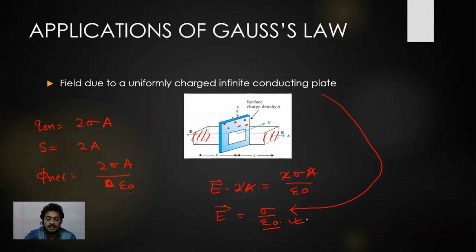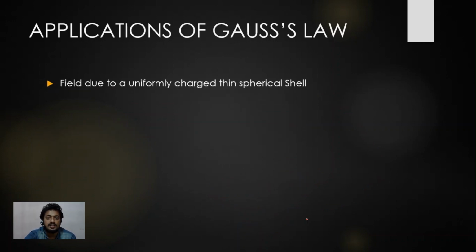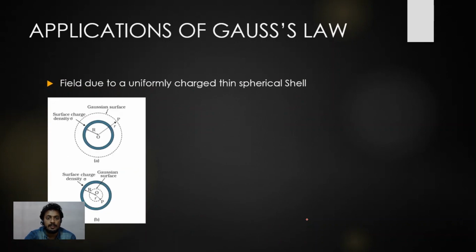Let's move to another shape, which is a thin spherical shell. In a thin spherical shell, we are trying to find the electric field at two positions, one inside and another outside. So inside, when you take any Gaussian surface inside the spherical shell, the Q enclosed is 0.